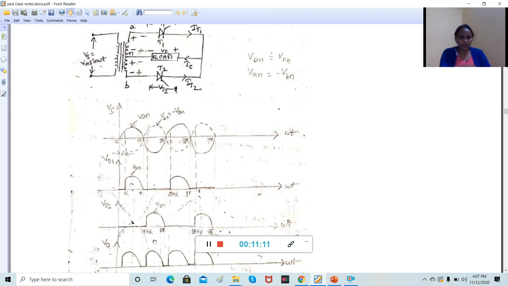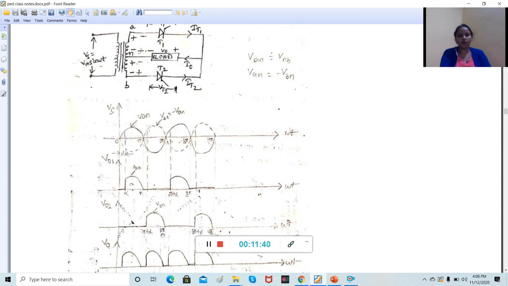So at angle pi plus alpha, when T2 is triggered, then only current will flow through this thyristor to the load like this. When current flows from source to load through thyristor T2, then the output voltage across the load is known as V02. So here the V02 waveform appears.